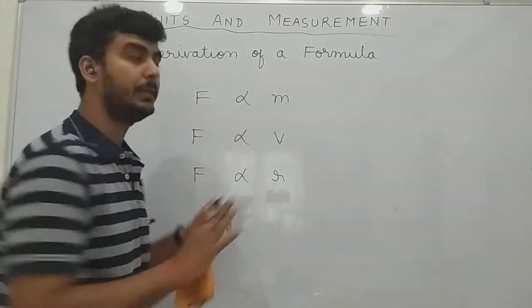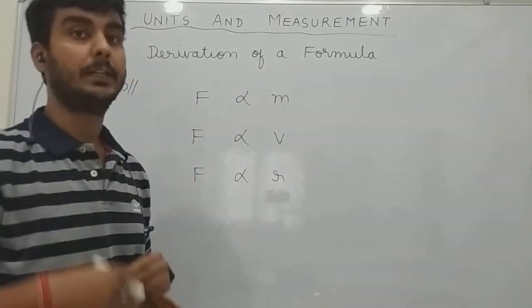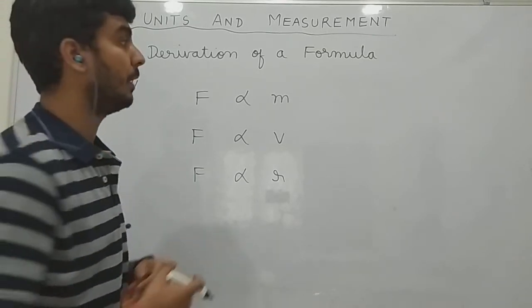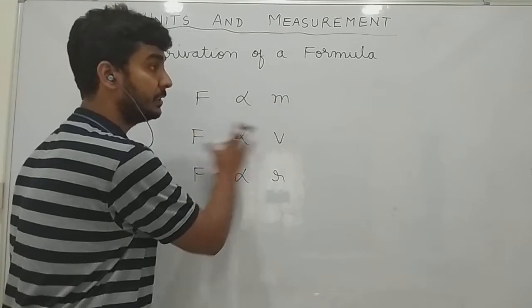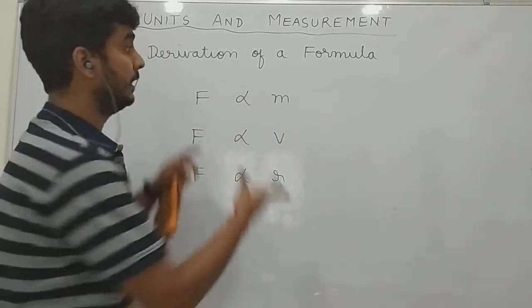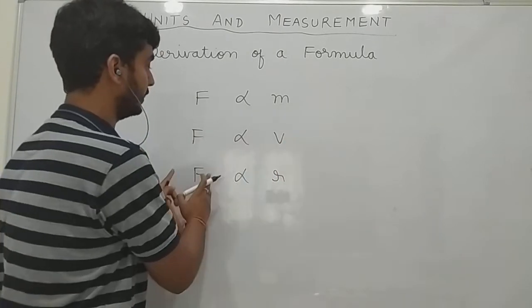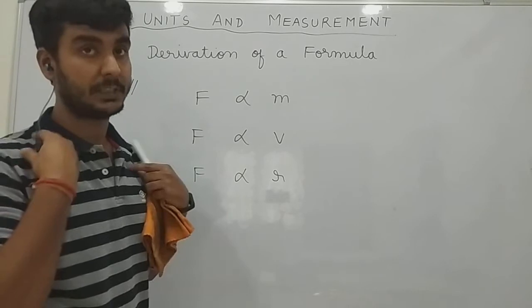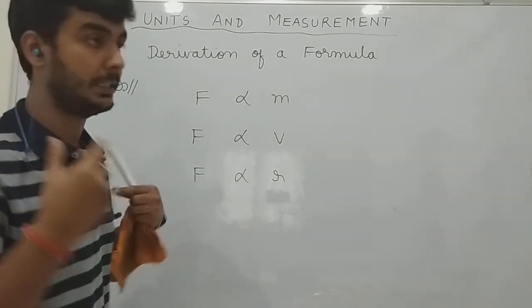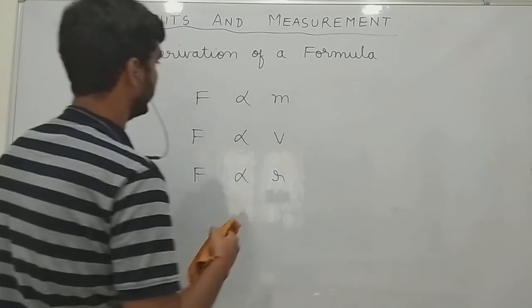This is not directly proportional because I don't know whether it is directly proportional to mass or inversely proportional to mass. So I am writing this just to denote that centripetal force depends on mass, centripetal force depends on velocity, centripetal force depends on radius of rotation, or radius of the circular path in which the particle is moving in circular rotation.